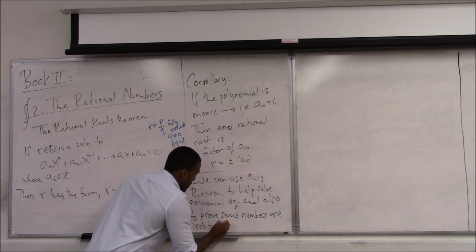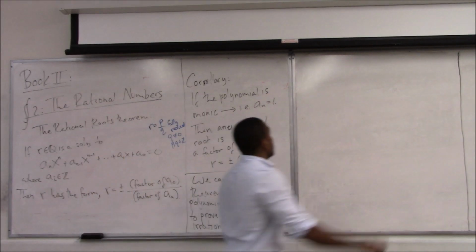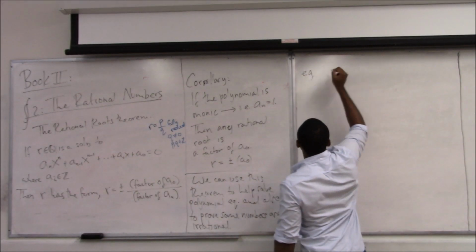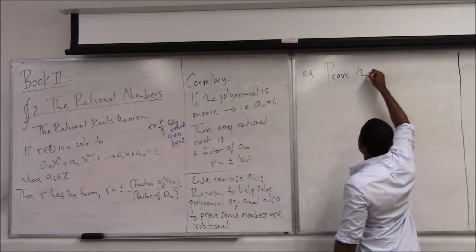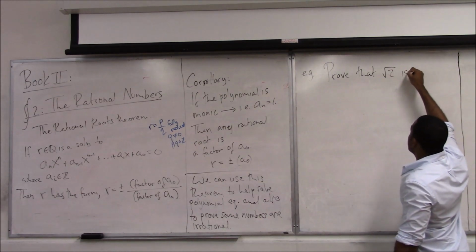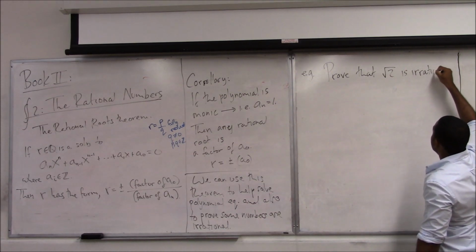At least the algebraic irrational numbers. Example. Let me give you an alternate proof that the square root of 2 is irrational using this theorem.